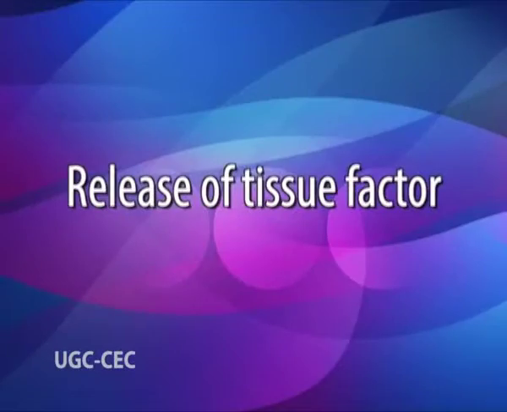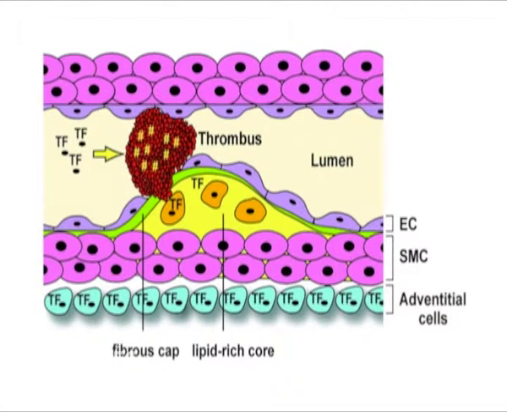This leads to the following steps: release of tissue factor. Traumatized tissue releases a complex of several factors called tissue factor or tissue thromboplastin. This factor functions mainly as a proteolytic enzyme.